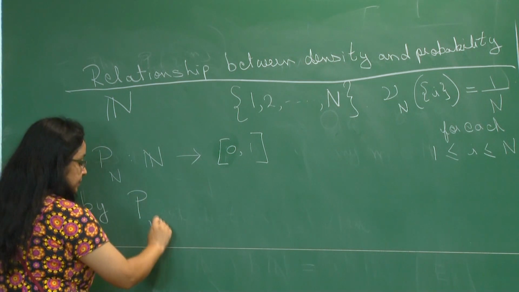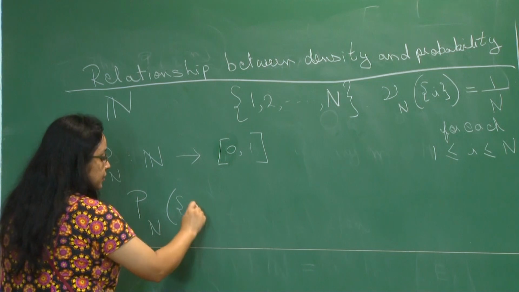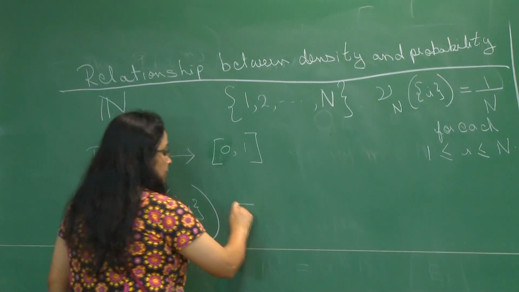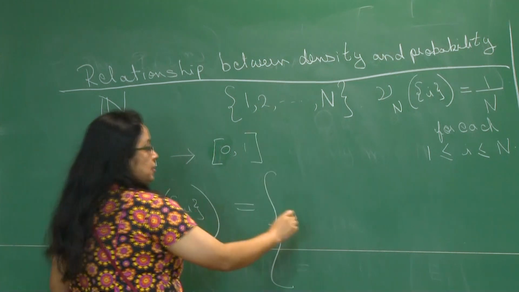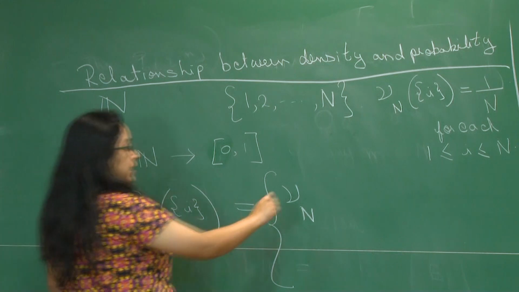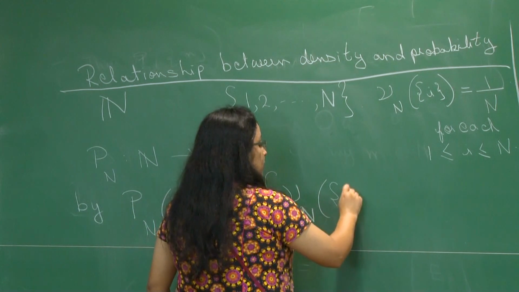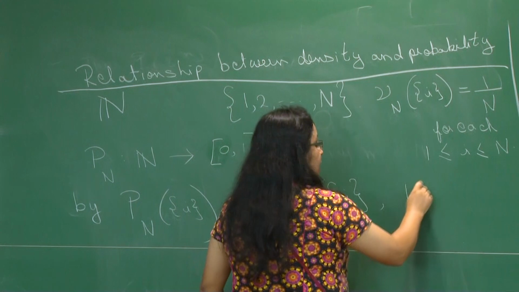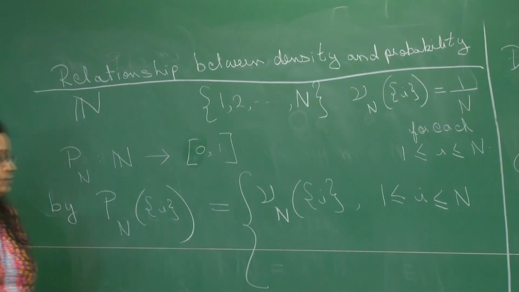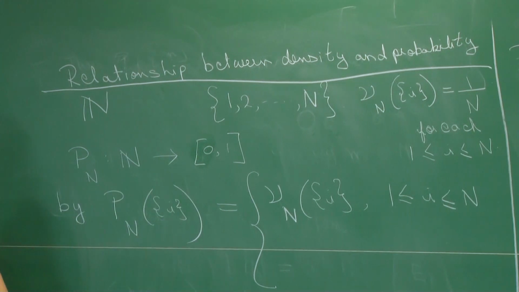P sub n of any i will just take the value induced by your mu sub n on i if i lies between 1 and n, and for any i greater than n, just make it 0.